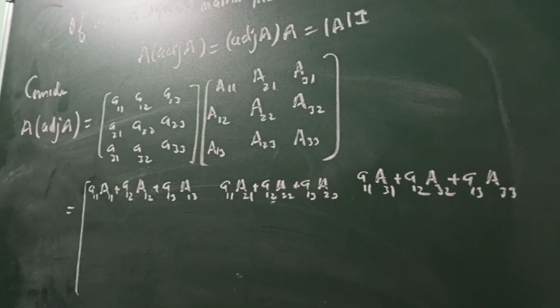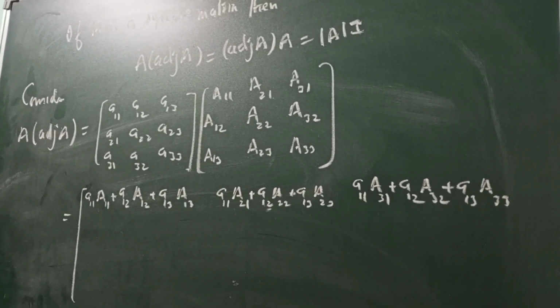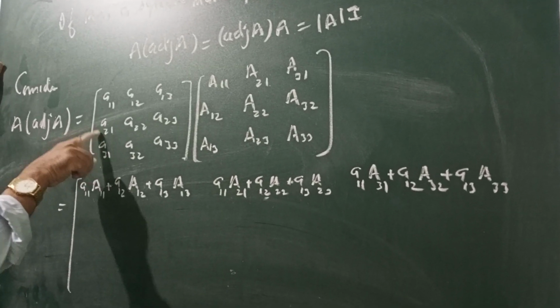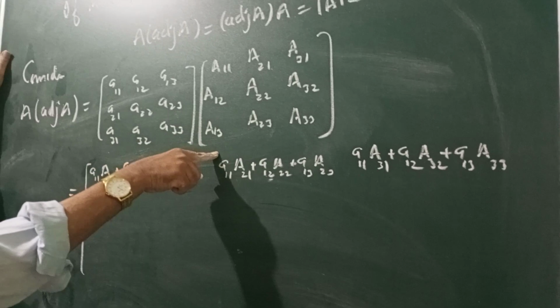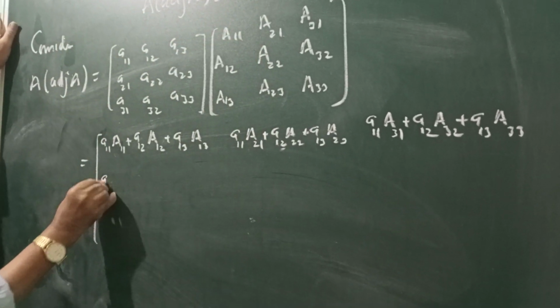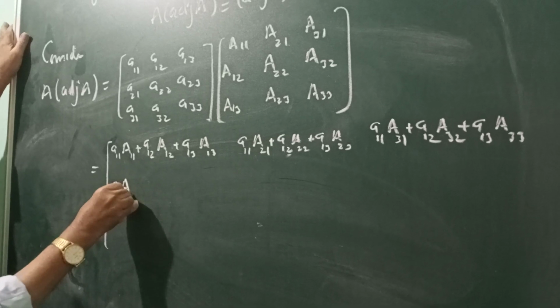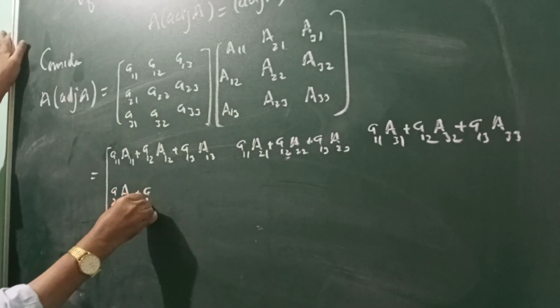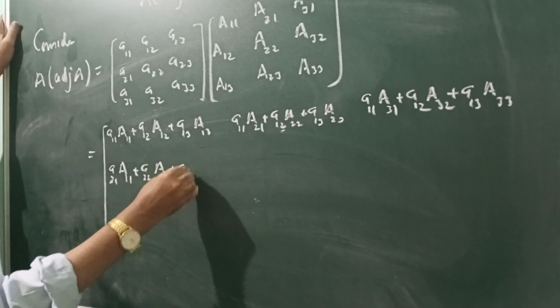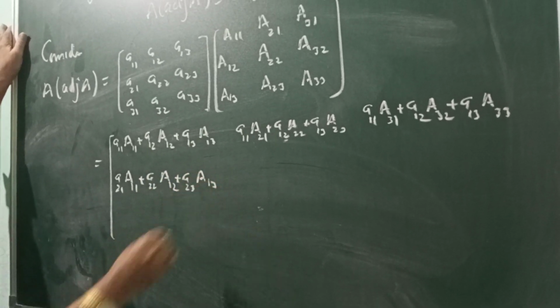Now we shift to the second row of the first matrix. Then we multiply with the first column, the second column, then the third column. That is A21, A11, plus A22, A12, plus A23, A13.